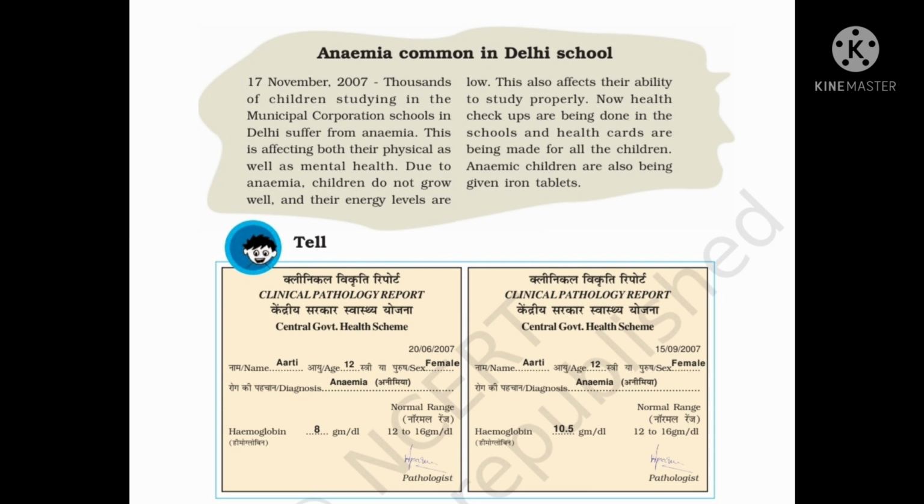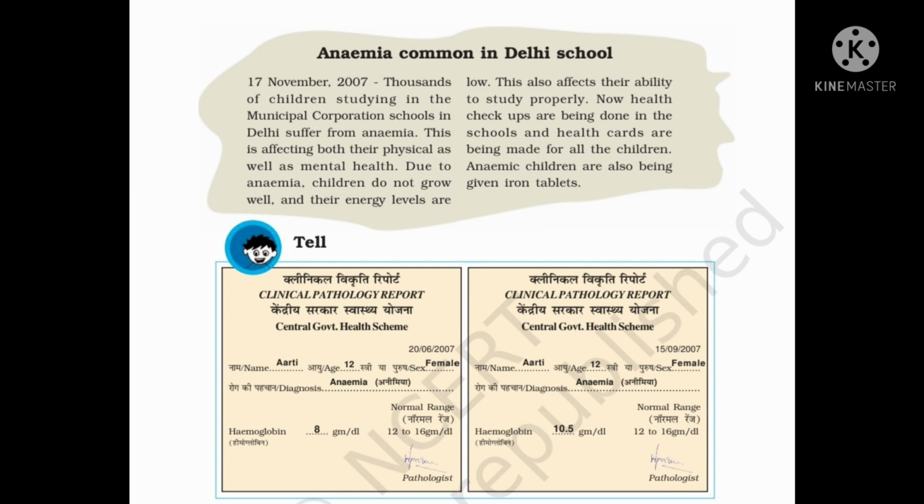Next we can see that there is a clinical pathological report by the central government of health scheme. Here the name of the candidate is there, age is there, sex is there for male or female, and finally what is the diagnosis that's important?